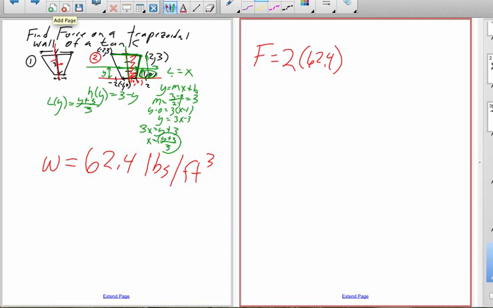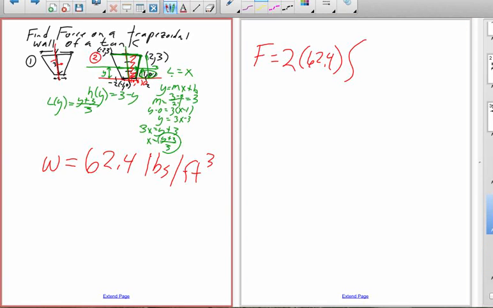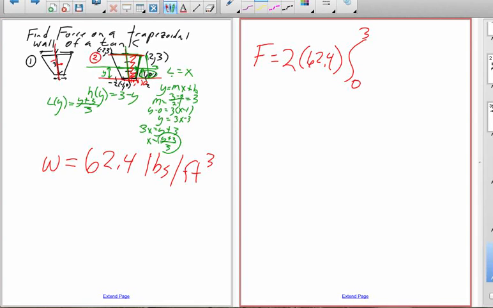And I'm going to have my integral. Now, what's the depth of this thing? It's going to range from 0 to 3. So it's going to be the integral from 0 to 3 of my 3 minus y, which was my h of y, times my y plus 3 over 3, which is my L of y, dy.